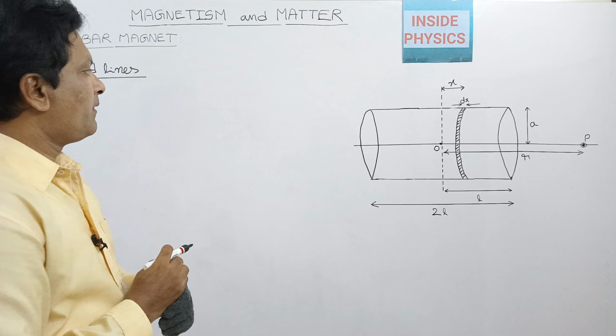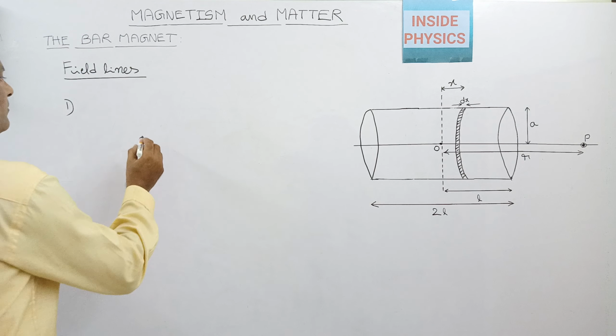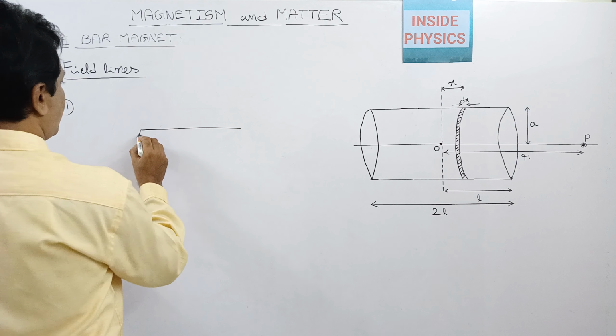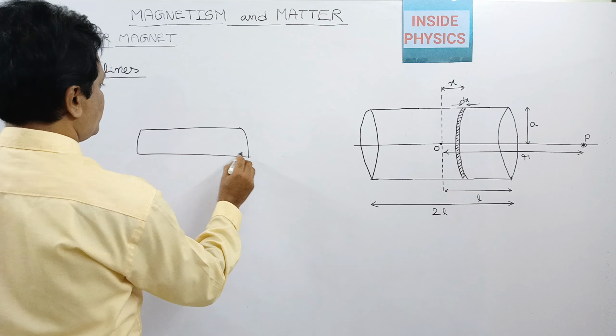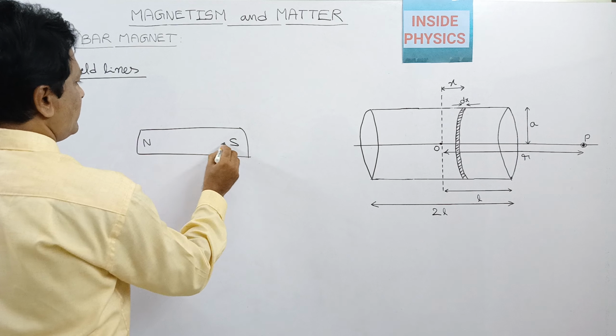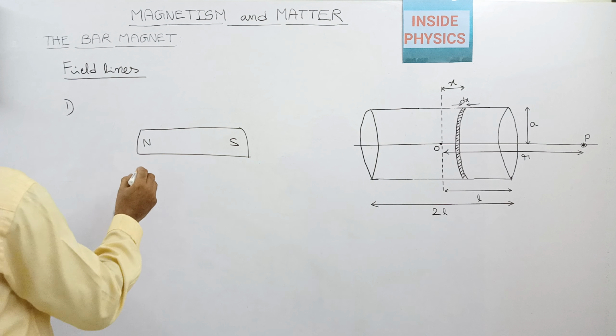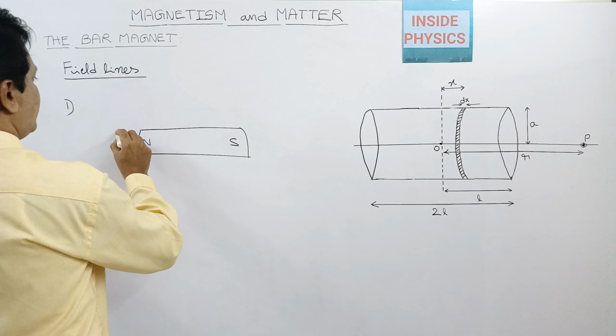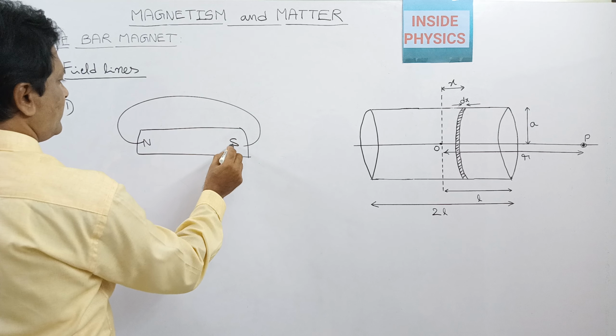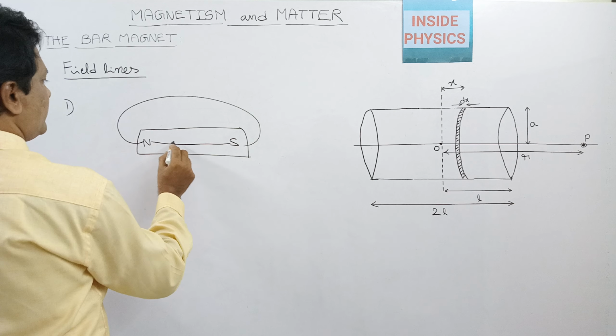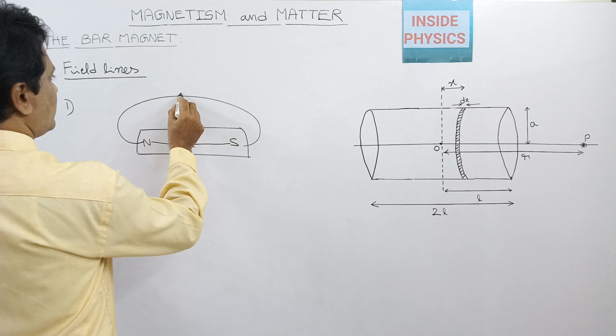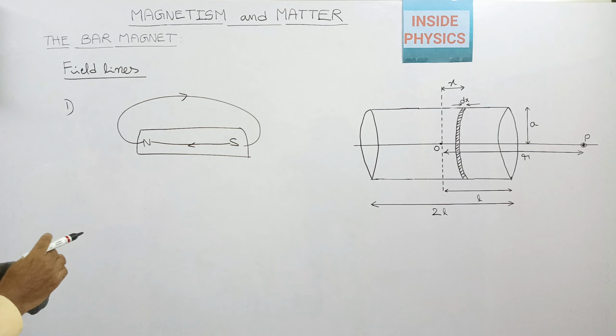The magnetic field lines form closed loops, starting from the north pole outside the magnet and ending at the south pole outside the magnet. Inside the magnet they are directed from south to north, and outside the magnet they are directed from north to south.